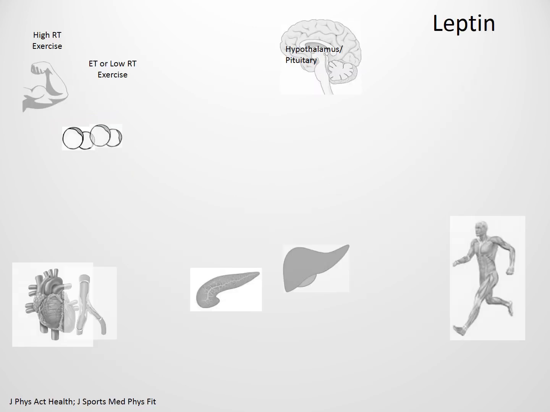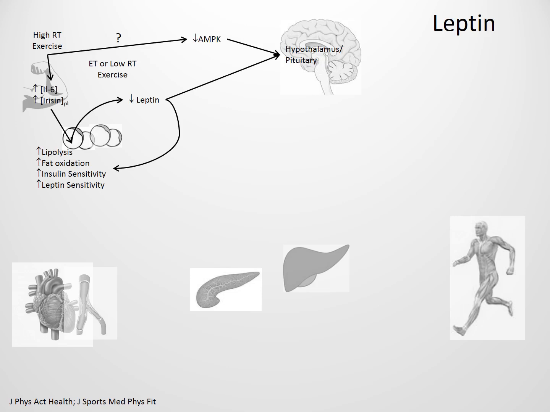Leptin is once again released from adipose tissue. However, it's released in the opposite manner to adiponectin. Leptin is released in lower concentrations when we have large amounts of lipolysis and large amounts of fat metabolism within the adipose tissue.